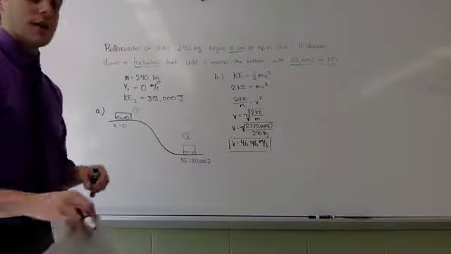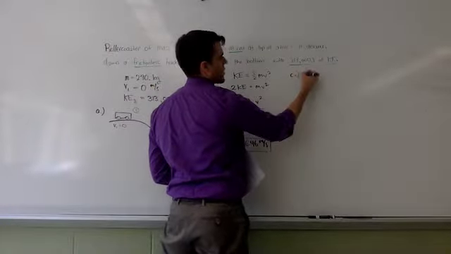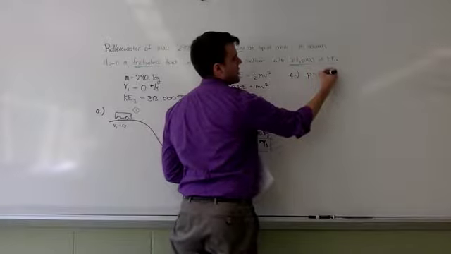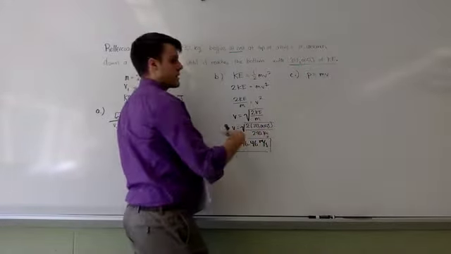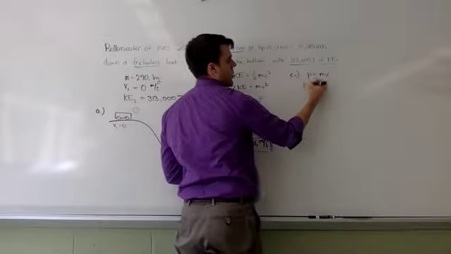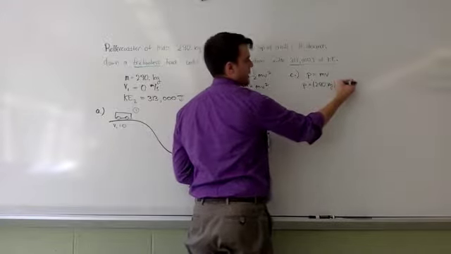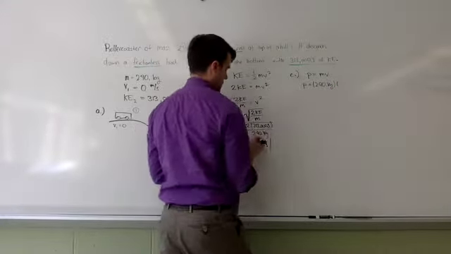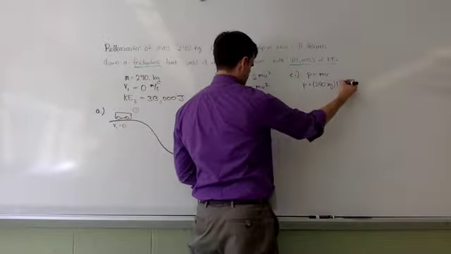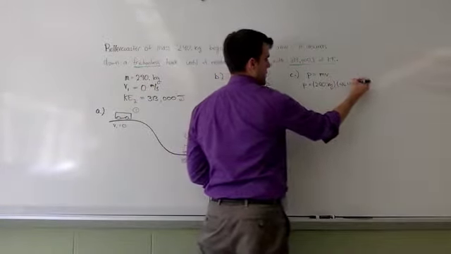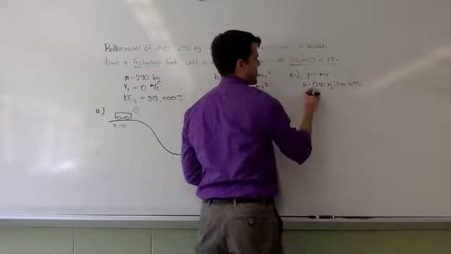Part C says calculate the momentum of the roller coaster at the bottom of the hill. So momentum, I hopefully recall, comes from the equation P equals mv, mass times velocity. So I know mass, I know velocity, I can calculate momentum. P will then equal 290 kilograms times the velocity I just found, which is velocity 2, if I want to be specific, times 46.46 meters per second, and don't need to square it, so don't do that.